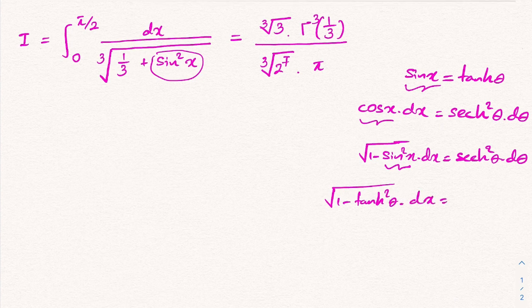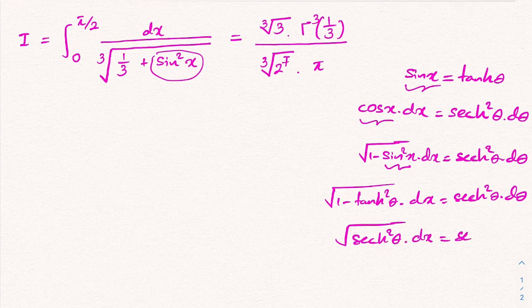We know 1 minus hyperbolic tan squared of theta is equal to hyperbolic secant squared of theta. Then the square root of hyperbolic secant squared cancels this part, so we have dx equal to hyperbolic secant of theta d theta.